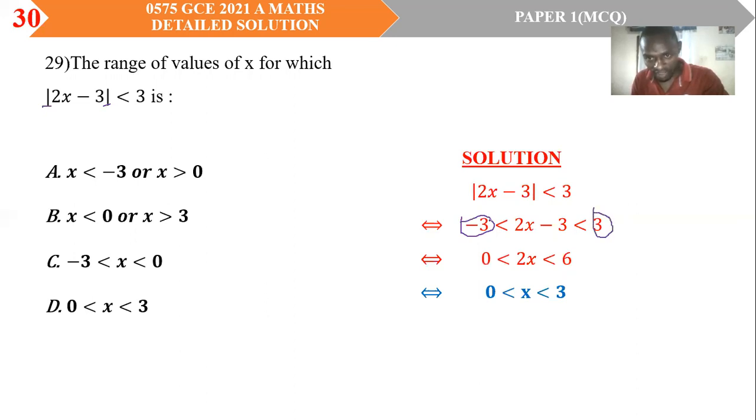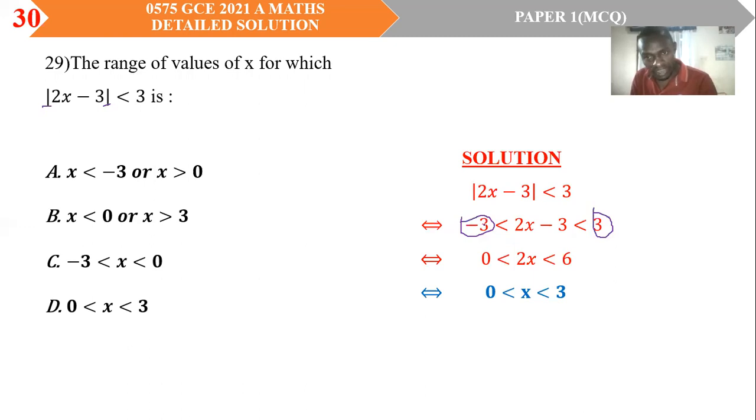What you have here is sent backward and changed to negative. So we have negative 3 less than 2x minus 3 less than 3, which means that the expression you have here is greater than the negative of this value and less than that value. That is how we remove the absolute value sign for a less than case.